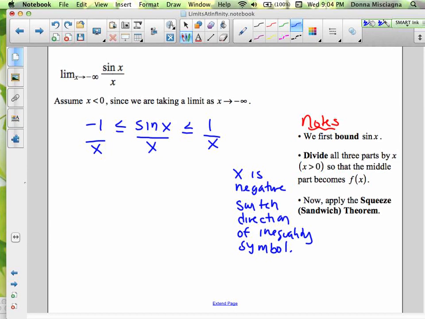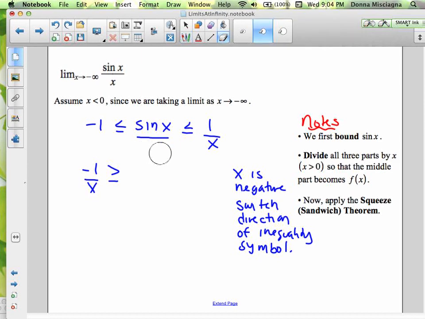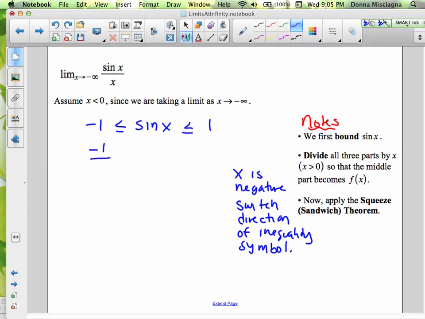So in this case, negative 1 over x is actually going to be greater than or equal to. We'll leave the x out so that we're not saying something untrue right now, and we'll just switch the inequality sign. So sine x over x is greater than or equal to 1 over x.